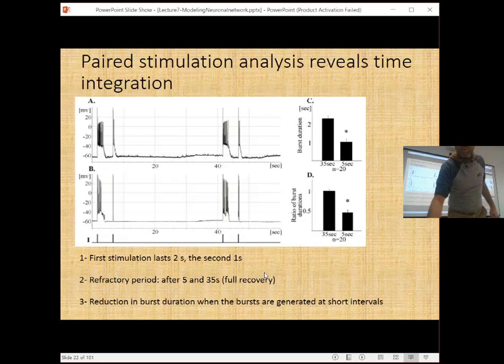Actually, this is what you see here. You saw here the same, but for a different culture. So there's some variability, but it's reproducible more or less. You have the classical idea of a less pronounced second spike, which is clear.